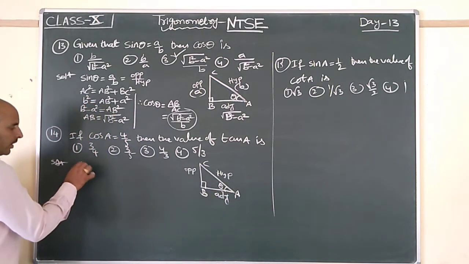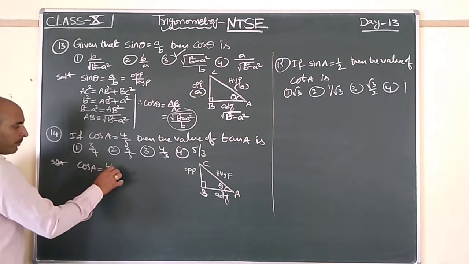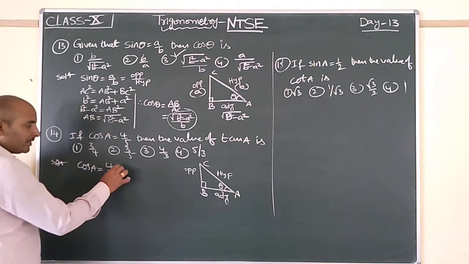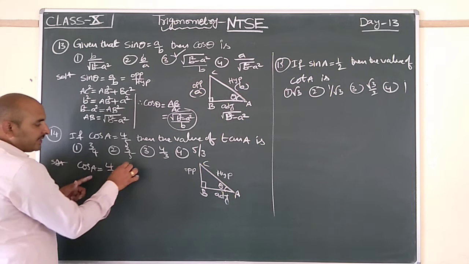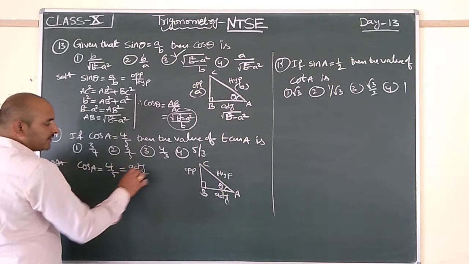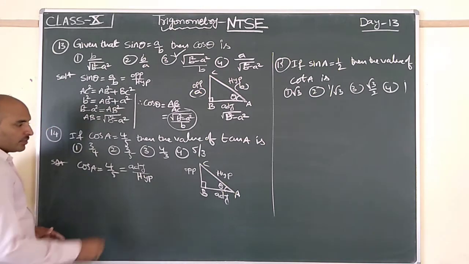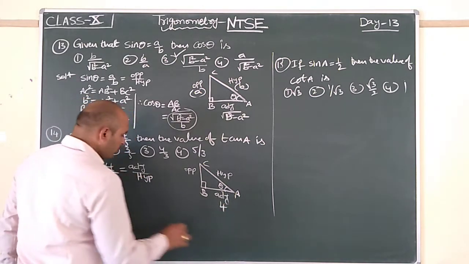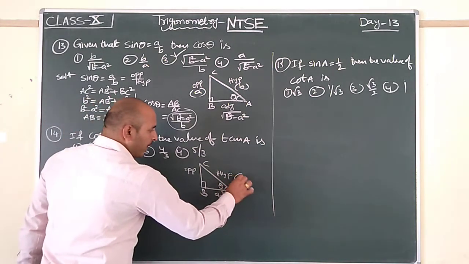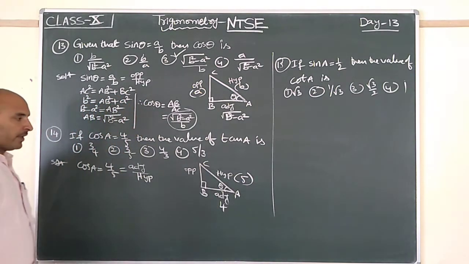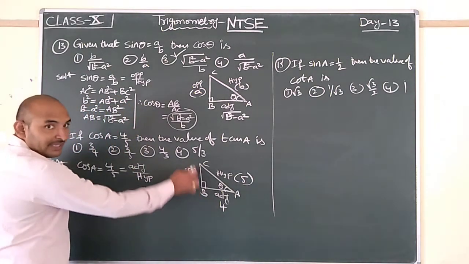Cos A is equal to 4 by 5 means cos A is adjacent side by hypotenuse. So the adjacent side value is 4, the hypotenuse value is 5. I want the BC side. We don't know the BC side.